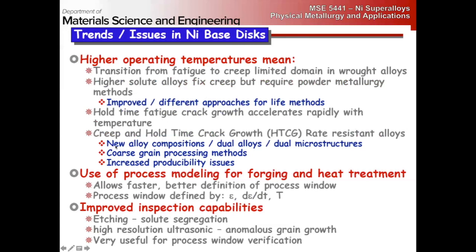There's a whole bunch of fun stuff going on. People are doing what they call hybrid discs, where they're trying to make discs that have small grain sizes near the hub, where fatigue issues are still a problem, and coarse grain near the blade roots, where creep life is an issue. Of course, now you have location-specific microstructure and location-specific properties.